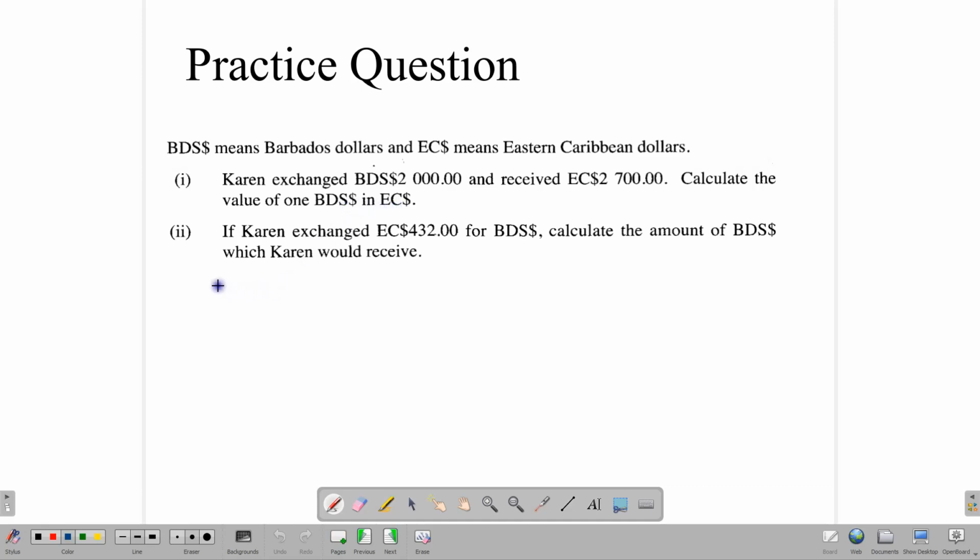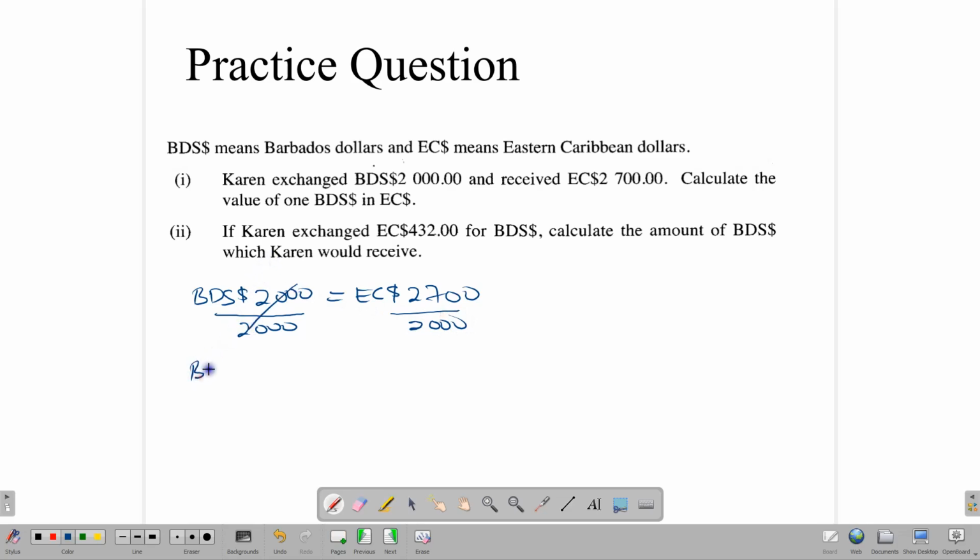And what we're going to be doing now is, let's write it out first. So BDS 2000 is equal to EC 2,700. Now, since we want one Barbadian dollar, it makes sense to divide this by 2,000. Now, 2,000 into 2,000 goes one time.